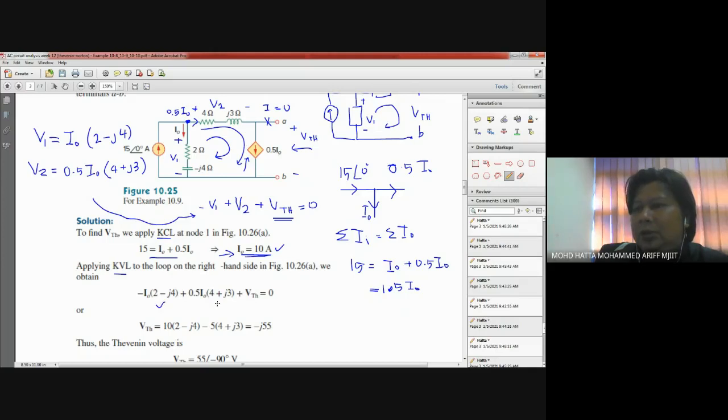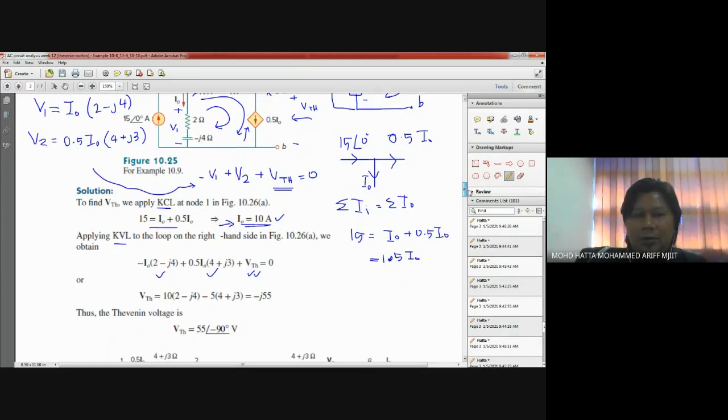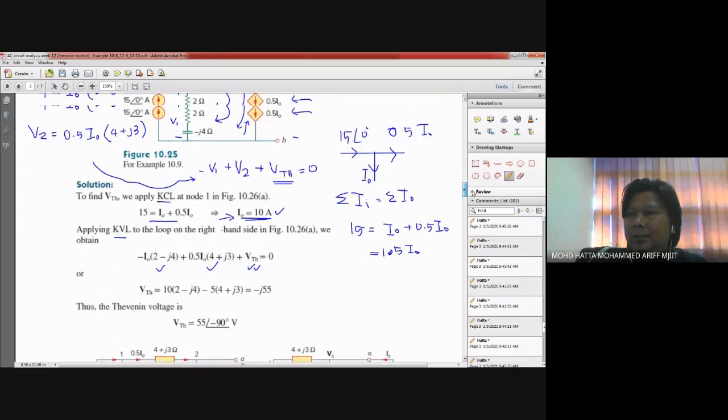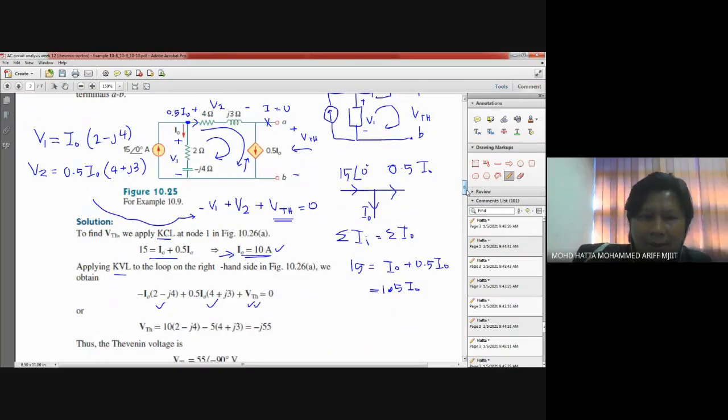Since these two are known, because IO is known, we can easily substitute over here. This VTH can be easily calculated from this equation. That's why I would say that calculating VTH, particularly for this question, is a bit easy compared to what you will see later on for ZTH.